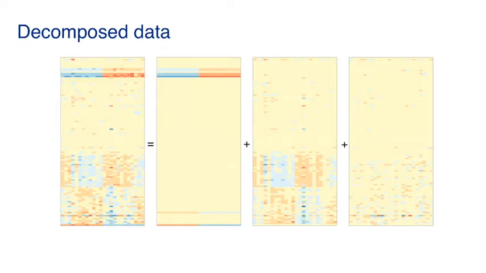So what these factor analysis methods do is they break up the data. So here's the original data. This is the variability explained by the sex variable. So you get all the Y chromosomes, you get a couple of false positives, or maybe not, maybe those are genes that are different.